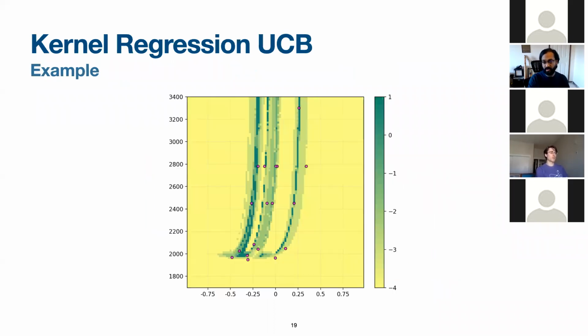So the cool thing about kernel regression UCB is that it actually helps us to refine the actions that we are searching over. Let's say we have that example from before where we have this 2D continuous action space and we have a set of generated actions. Kernel regression UCB will eventually lead to a set of samples that look like this, where the samples include new actions that we have tried based on stochastic execution.